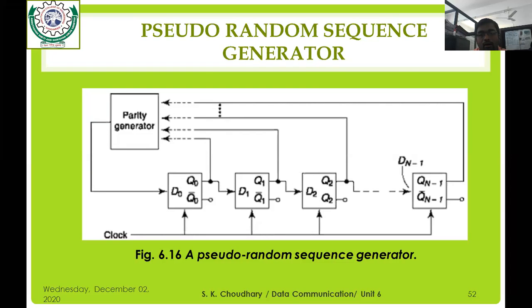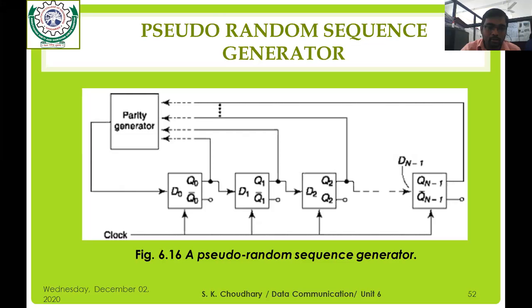The output of all the flip flops is given to the parity generator, and the output of this parity generator is given to the D0, the first flip flop. So in this way, you can say we establish a feedback path, and all the flip flops use the same clock, that is, it is a synchronous type sequence generator.